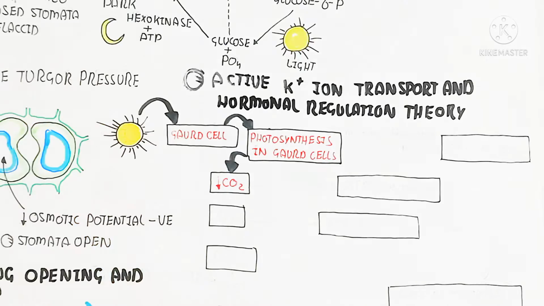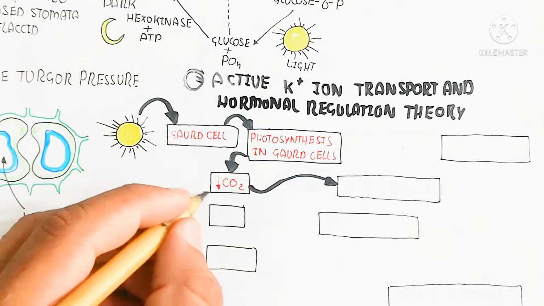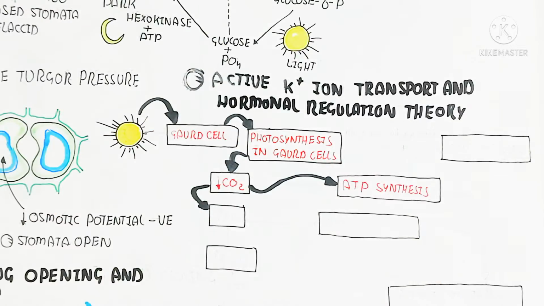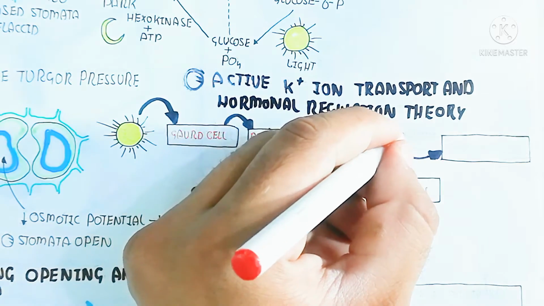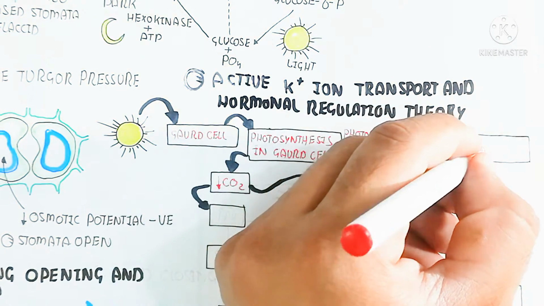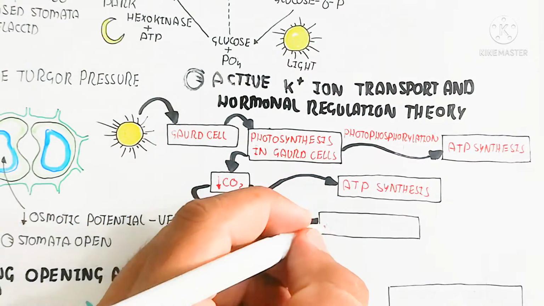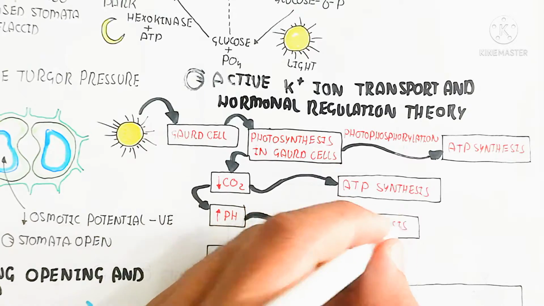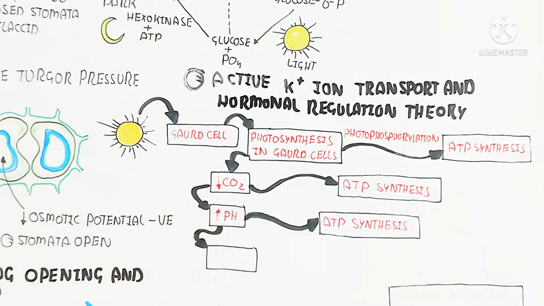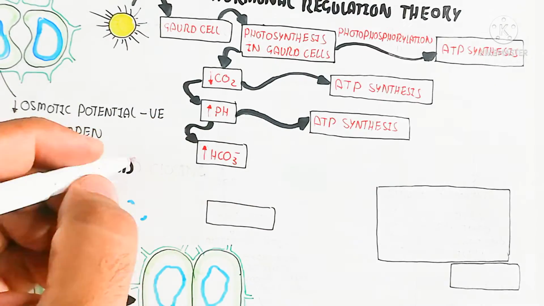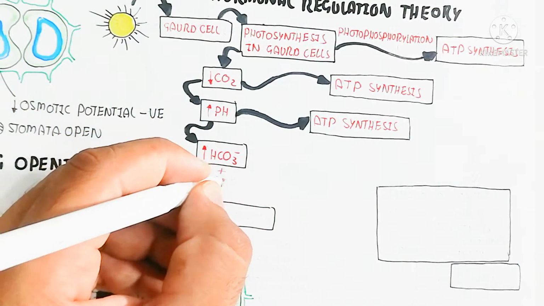After this decrease in carbon dioxide, the pH increases, meaning more basic, because there is less carbonic acid. While carbon dioxide decreases, ATP synthesis will increase due to the electron transport chain. So when the pH increases, more basic conditions will produce the carbonate ion. The carbonate ion and phosphoenol pyruvate combine together to form malic acid.